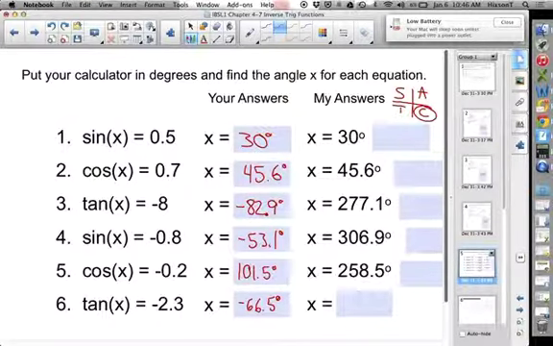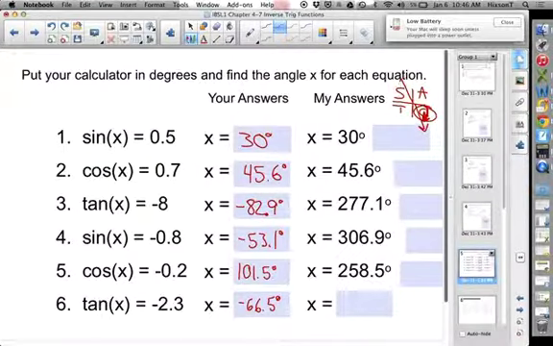Those are both in the fourth quadrant. What's 82.9 there? It's your reference angle.